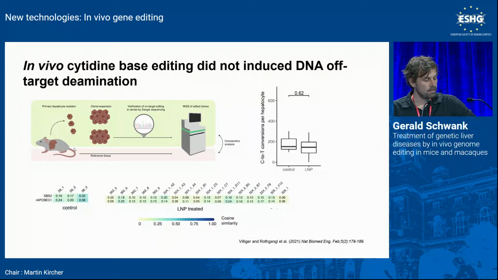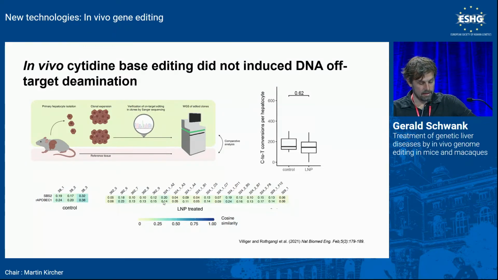There we isolated hepatocytes from treated animals, expanded them clonally, and then we analyzed each of these clonally expanded hepatocyte clones that had on-target editing. But actually in those clones, the C to T conversions in the whole genome were not above the controls.